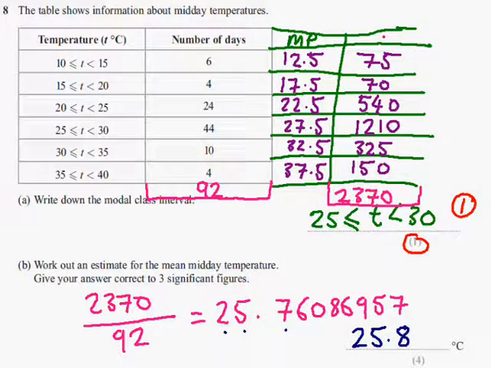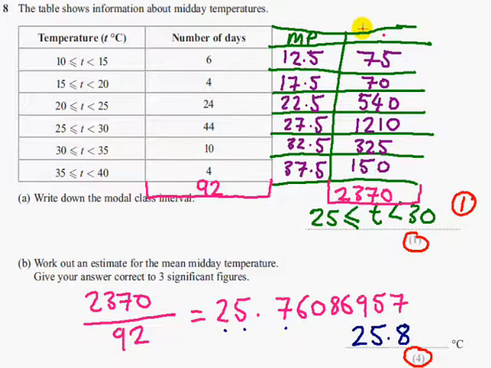So this is part B, a 4-mark question. Let's have a look at how you get those marks. You get 1 mark for at least 4 correct midpoints. You get a 2nd mark for multiplying at least 4 midpoints with the number of days correctly.